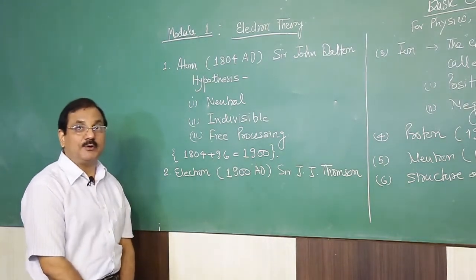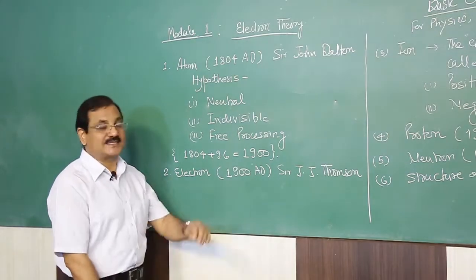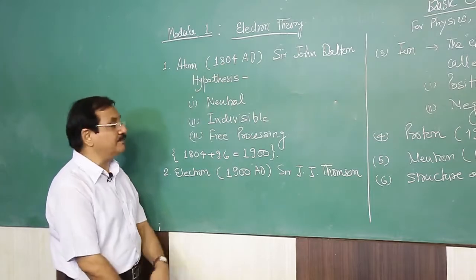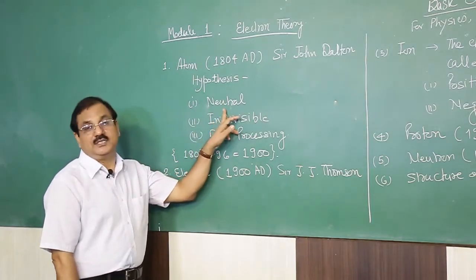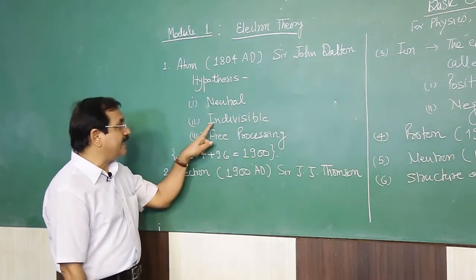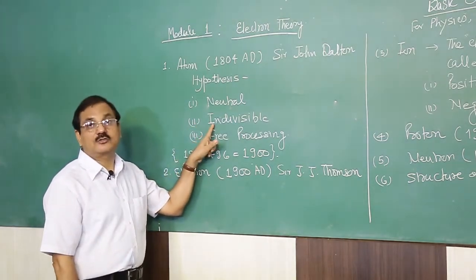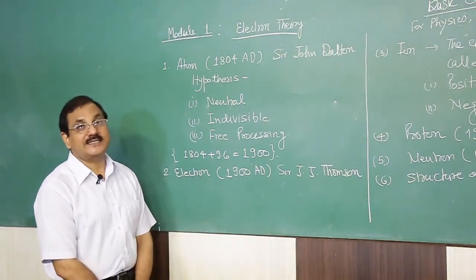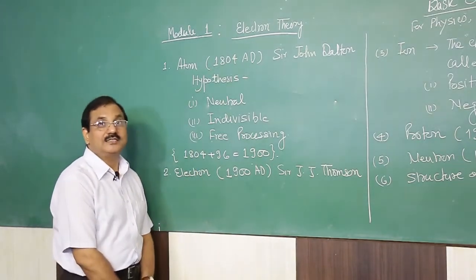As per the atomic theory, the hypothesis of John Dalton about the atom is, number 1, neutral, meaning the atom is electrically neutral. The second one is indivisible: the atom is the smallest entity of the material and it cannot be subdivided into other parts.